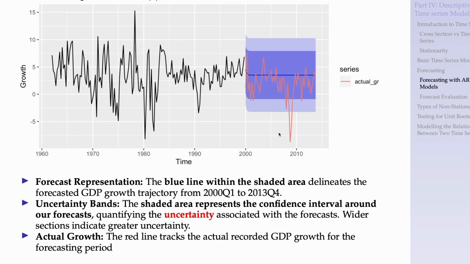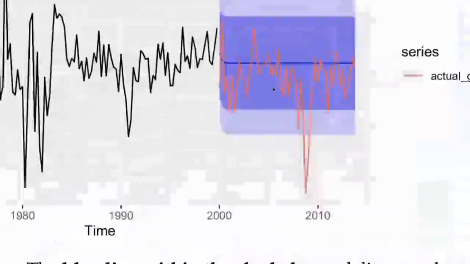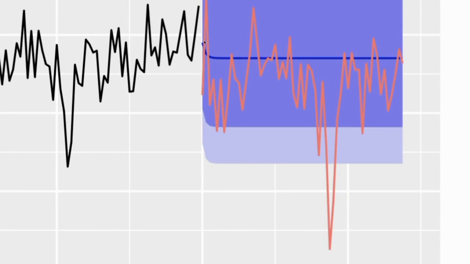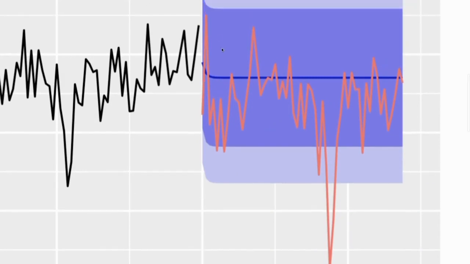So the first thing that we should take away from here is that at the beginning, the forecast value, following a deviation from the mean at the period 1999 Q4, then absent shock, the forecast value will be driven back to its long-run mean.